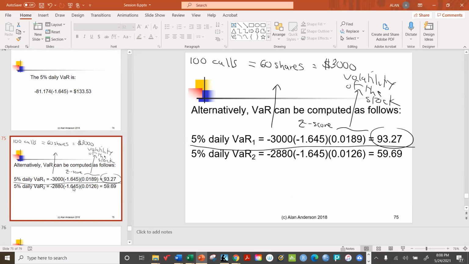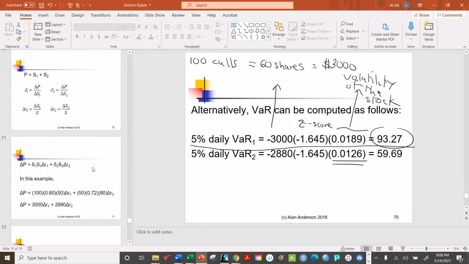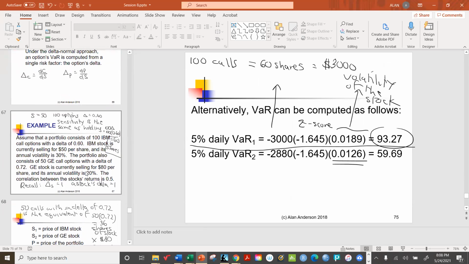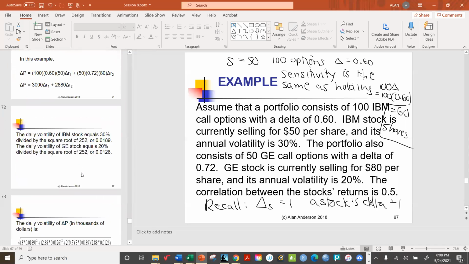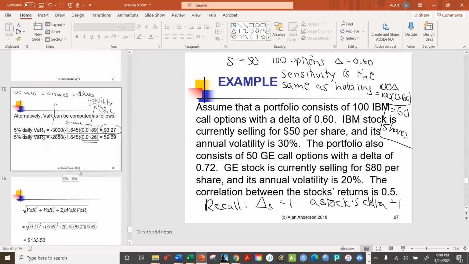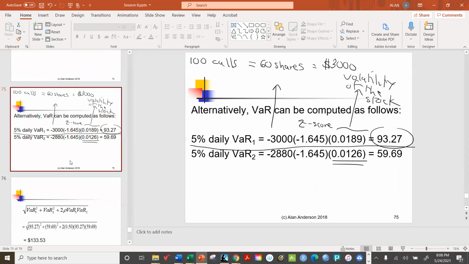And then I can use the volatility of the stock. Oh, and by the way, one more thing I just want to mention. It says here in the problem that the annual volatility for GE is 20%. Where did this number come from? I just want to remind you that this would therefore be 20 over the square root of 252, approximately 1.26% per day.